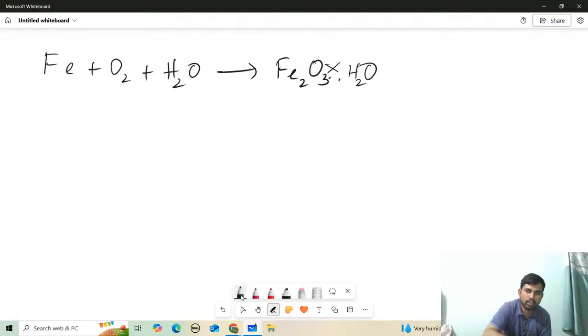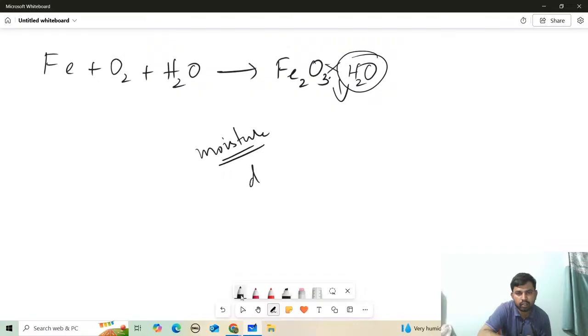So here X is variable, because the X H2O represents moisture, which differs in different phases. That's why we can take X as variable here.